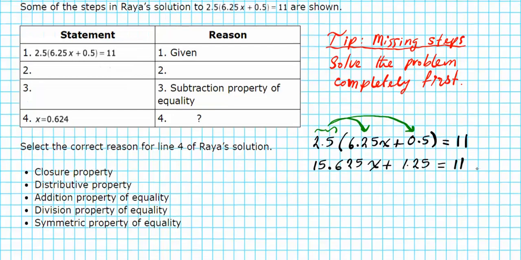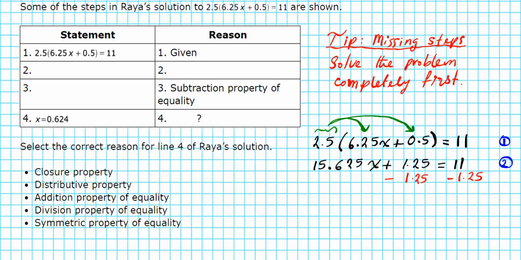Okay, now next we're going to get this term with the x by itself. So what we're going to do is subtract 1.25 from both sides. Okay, well, let's keep track of our steps. So this is 1, this is 2.